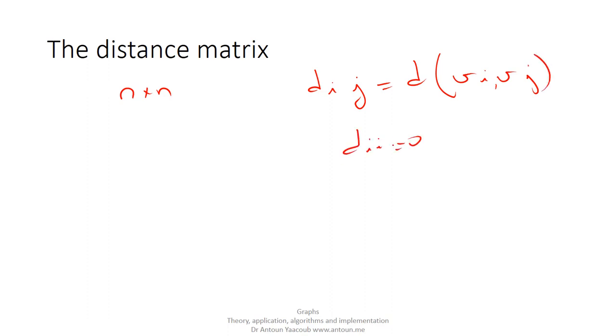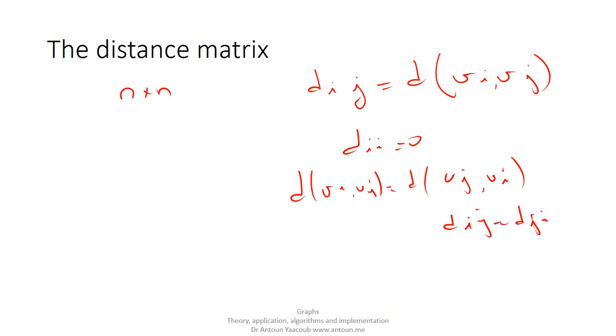Obviously the distance between the same vertex is equal to 0, and the distance function is a metric, which means that the distance between vi and vj is equal to the distance between vj and vi. So in other words, dij is equal to dji, so the distance matrix is also symmetric and the diagonal is equal to 0.